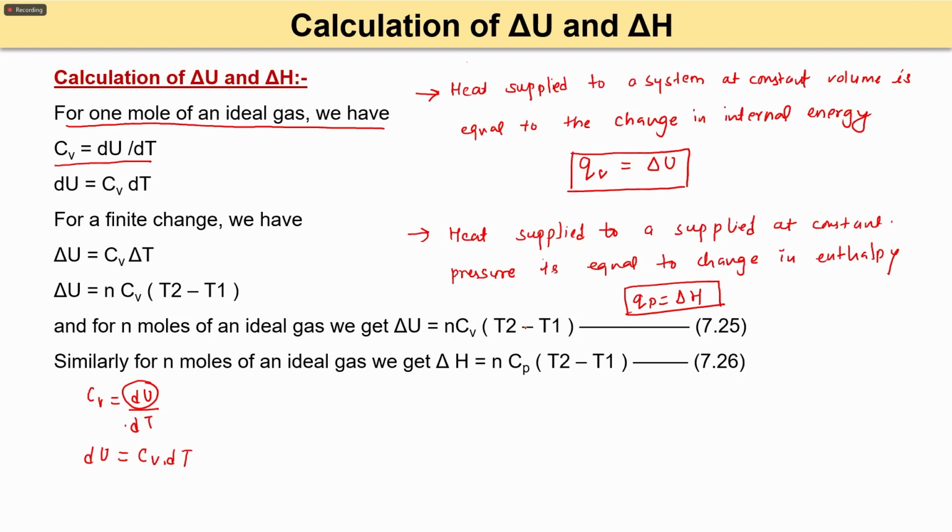And we know that heat supplied to a system at constant volume is equal to the change in internal energy. If this is the case, then this dU is nothing but Qv.